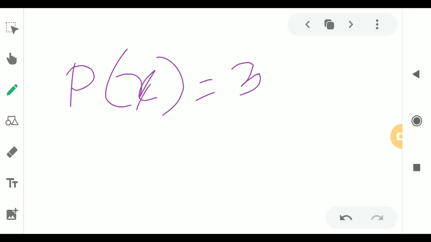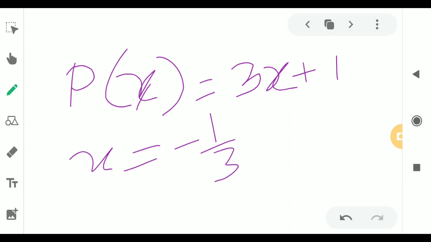Understand? So if you ask, verify if it is a zero of a polynomial or not. See, suppose p(x) is equal to 3x plus 1. Check x equals to minus 1 by 3 is 0 or not. So take value x equals to minus 1 by 3.